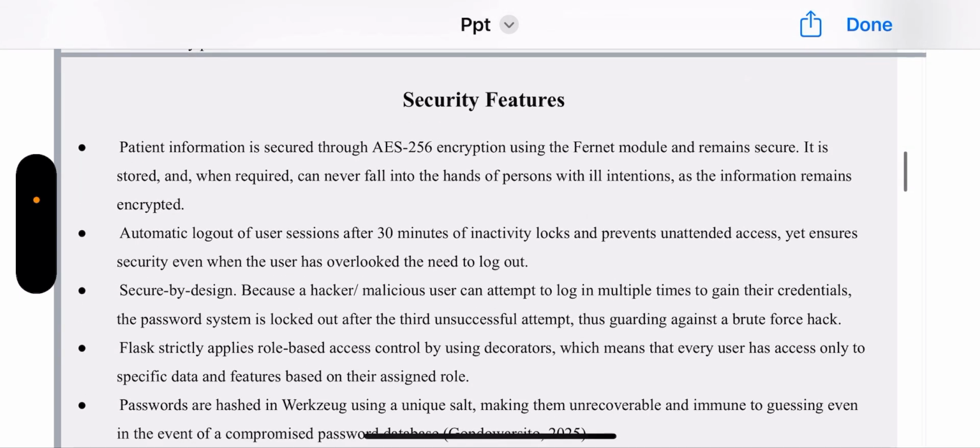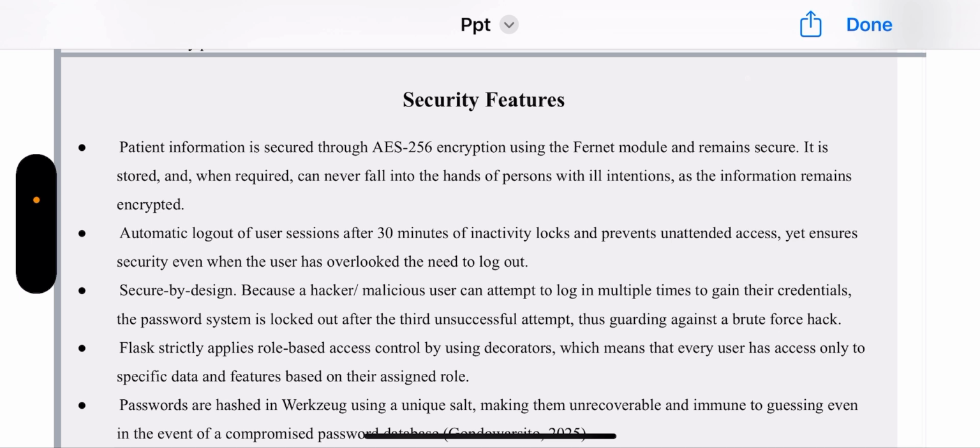And also the security features. There are some security features like AES-256 encryption, authentication modules and their storage, and session timeouts depending upon their time limit. Doctors can keep their sessions open for 30 minutes, for 1 hour, or for whatever time they need.